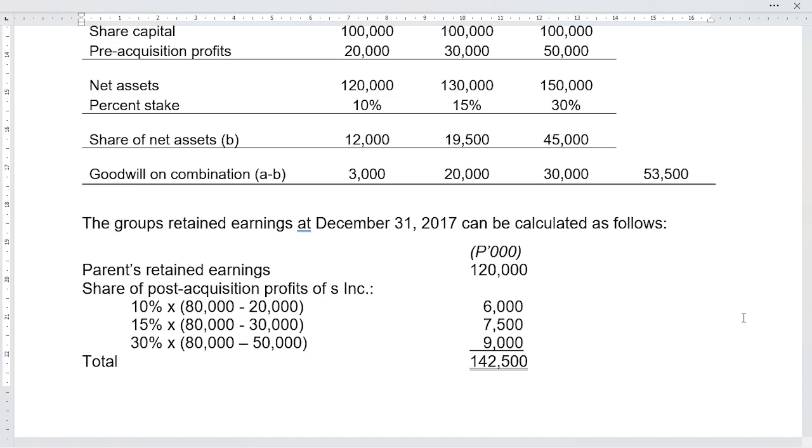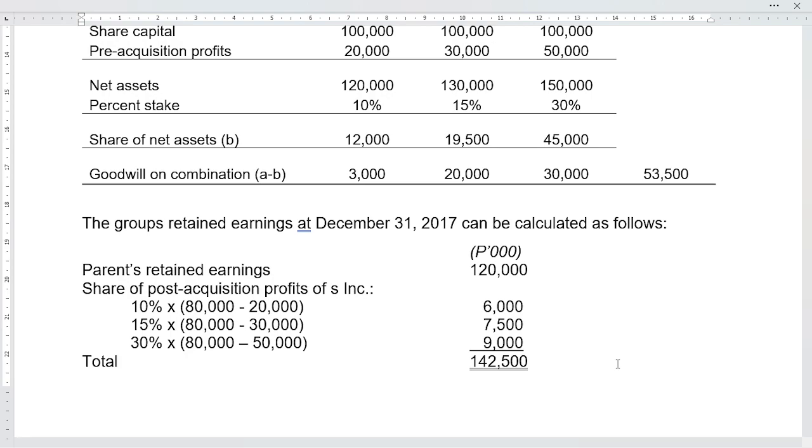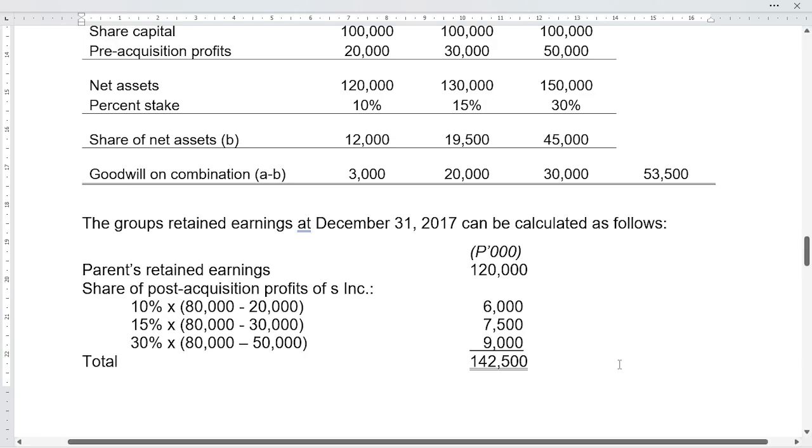Remember, kung ano yung i-add mo doon sa retained earnings ni parent na 120,000 para maging 142,500 yan. Babaguhin mo ang computation, yung computation na mas maliwanag. Yung computation na yan, mahirap i-imagine kung paano naging 80,000 minus 20,000, 80,000 minus 30,000, 80,000 minus 50,000. Ngayon, merong mas madaling computation dyan.